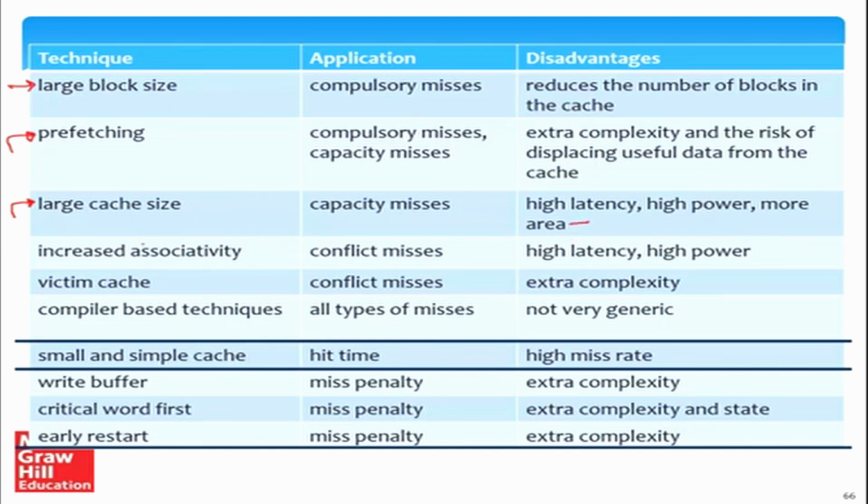To reduce conflict misses, we can always increase the associativity. No doubt it will reduce conflict misses, but it will make the cache more complicated. We need to compare with more tags. So this is associated with higher latency and higher power. The victim cache is almost always a good idea, because it's very small.